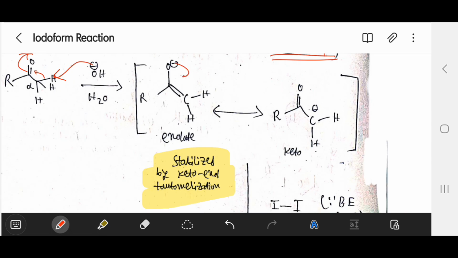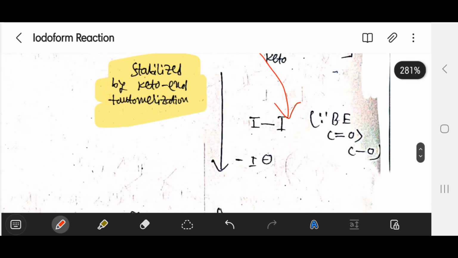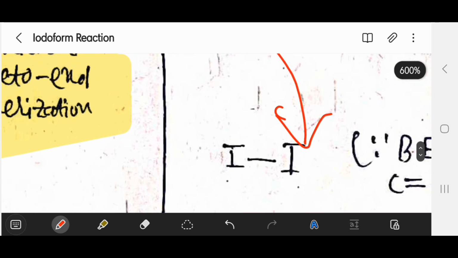The oxygen will push back to this carbon, and this carbon double bond will break, and this will attack the iodine I2, and iodine is polarized, okay? There is partial positive and partial negative on this.